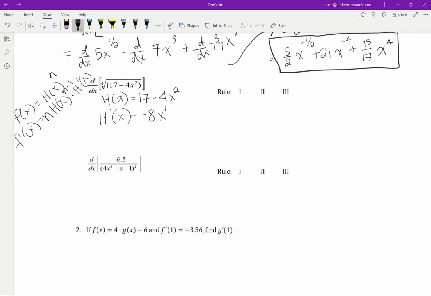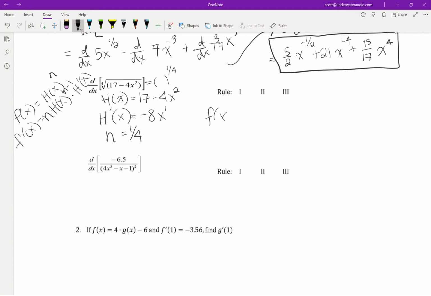And then the power here now is tricky. So we have 17 minus 4x squared. To rewrite that as a power is going to be all of that to the 1 over 4 power. So my n in this case is 1 over 4. So now it's just a matter of writing it out.